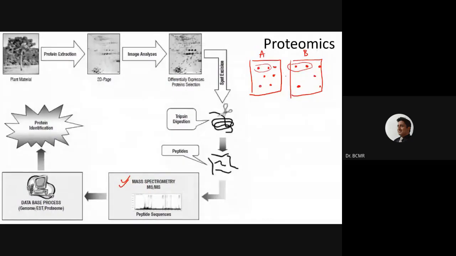If one is present in one type and absent in the other, then it is specific to cell type A or sample A.